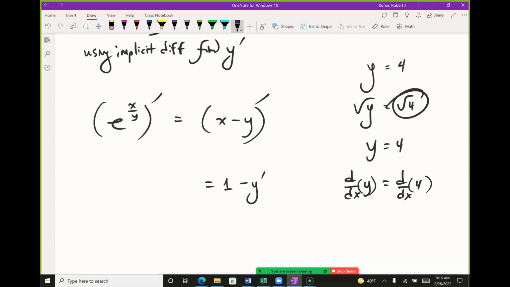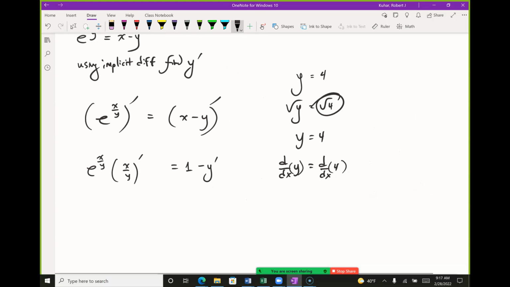Remember that we don't need the chain rule there because there's no inside. On the left side, I get e to the exponent times the derivative of the exponent, right? The derivative of e to the x is e to the x. But it's not an x inside, it's a cat inside. So the derivative is e to the cat and then cat prime, right? Inside prime. I need a quotient rule there, right?